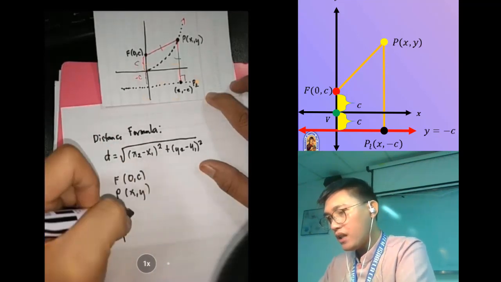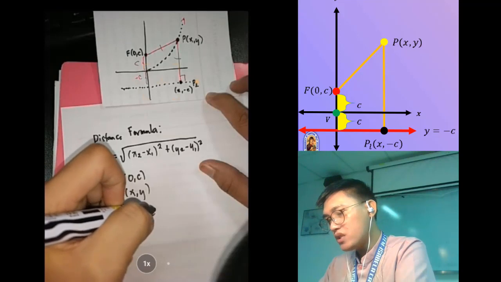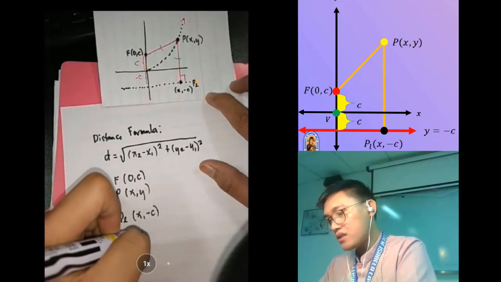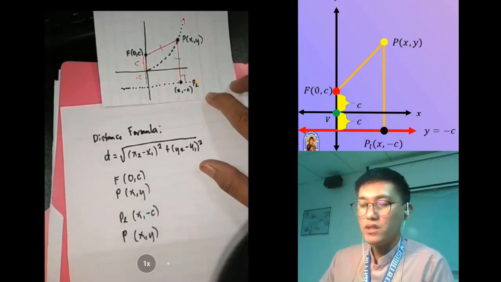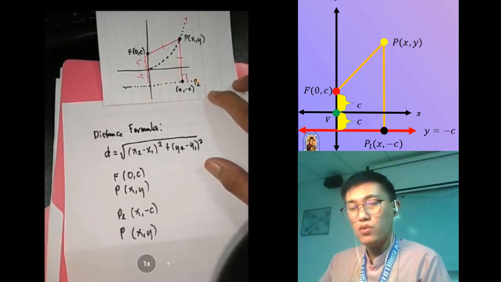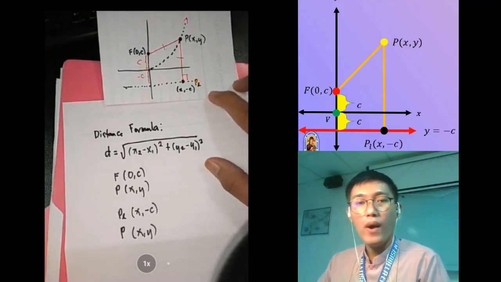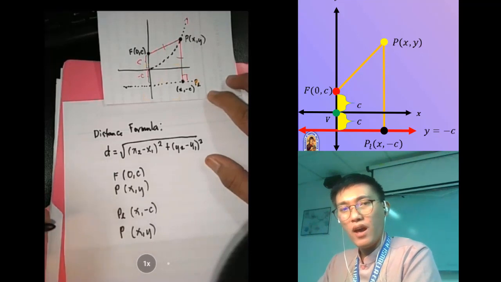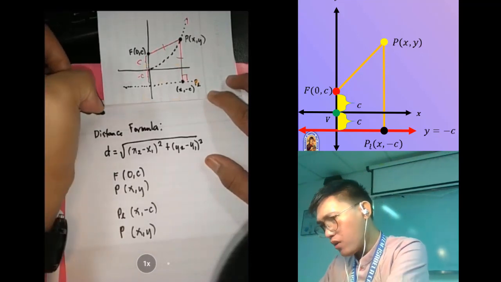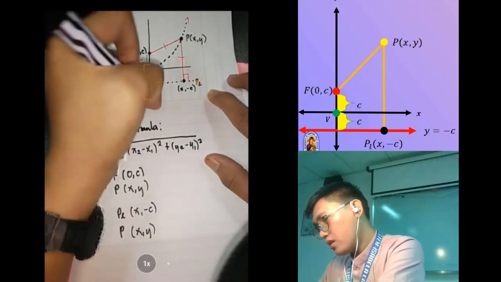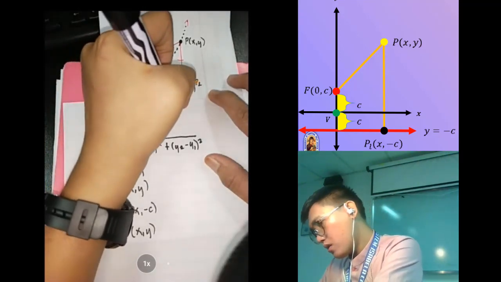Point P sub L here is (x, -c), and point P is (x, y). So let us denote x sub 2, y sub 2, x sub 1, and y sub 1. By the way, before we forget, this parabola has its vertex at the origin.